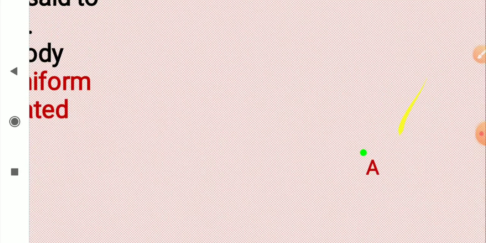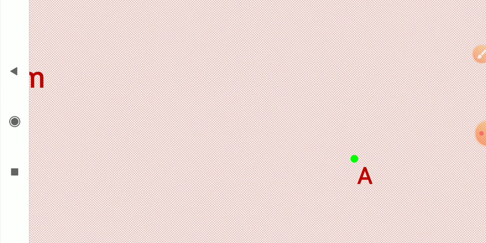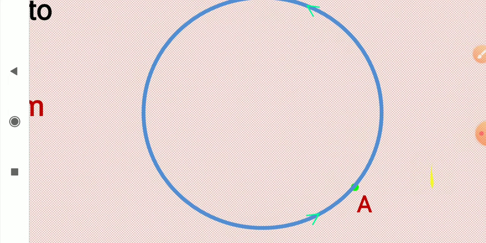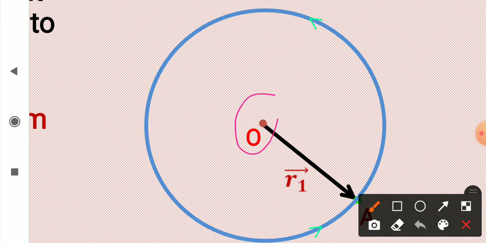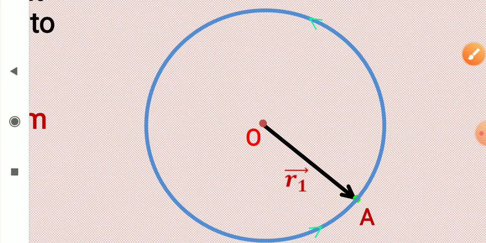See, if we have this body, say A, and say it is in circular motion like this one, and its initial position is R1. Let us take this center as origin, then position vector of initial position is vector R1 and position vector of the final position is R2.